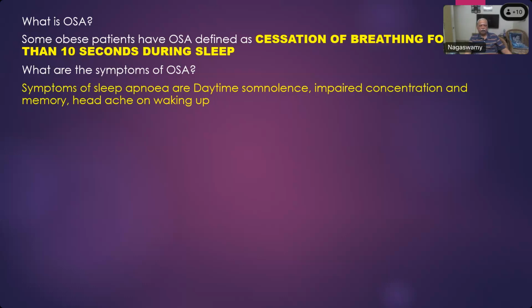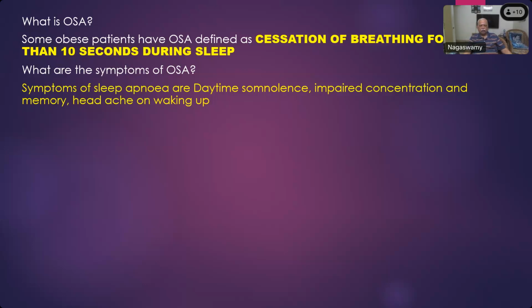These are the three classical features of OSA. They feel more sleepy during the daytime, they are not able to concentrate in their job, they have memory loss, and they wake up with a headache. Even if their blood pressure is normal, they are not hypertensive and they don't have any visual acuity problem, it is purely because of the disturbed sleep that they wake up with a headache.